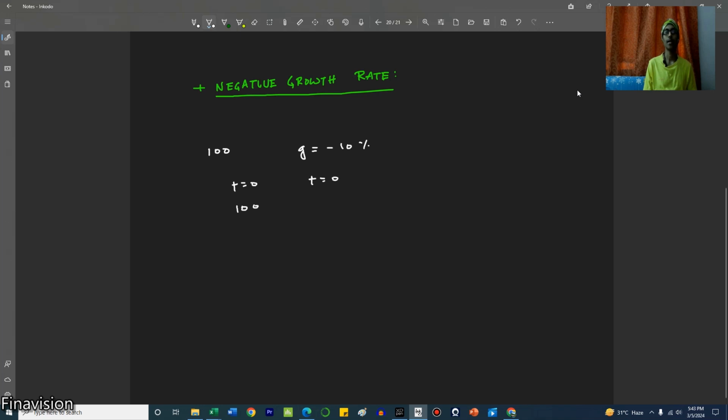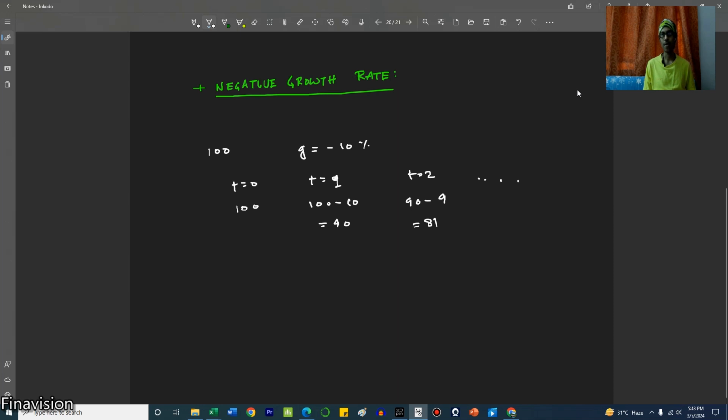At t is equal to 1, you will be earning 100 minus 10% of 100, which is 10, so you will be earning 90. At t is equal to 2, you will be earning 90 minus 10% of 90, which is 9. That is, you will be earning 81. Like this it will go on.